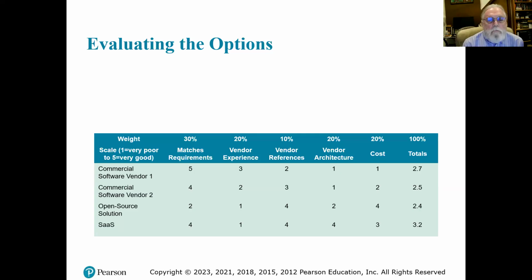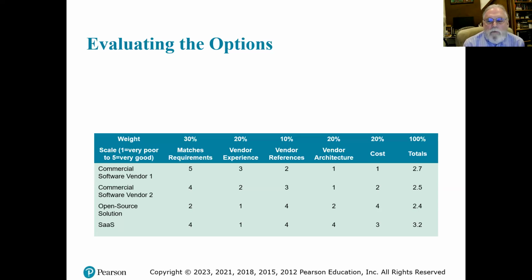So you multiply the weight by the rating and add them all together. So that total score of 2.7 is 5 times 0.3 plus 3 times 0.2 plus 2 times 0.1 plus 1 times 0.2 plus 1 times 0.2 comes up to 2.7. That's the total.